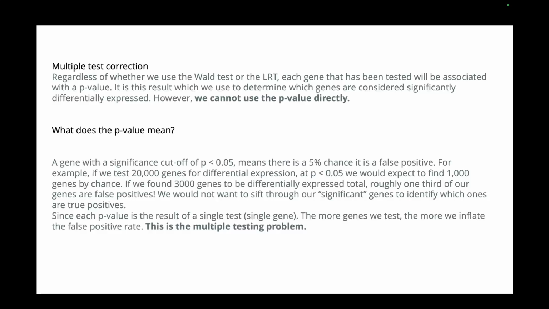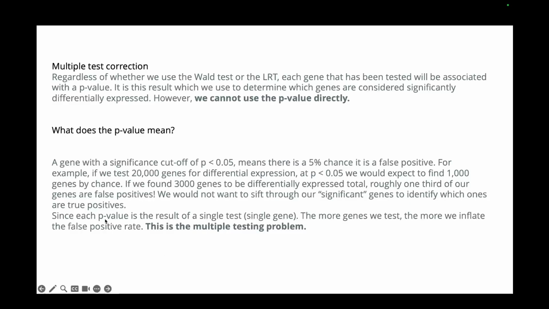Why is that? Because for each p-value that is generated, you are testing the gene multiple times. For multiple tests you are getting one p-value, but you are considering only one across all the testing you have done. You need to correct for that p-value to get a better idea about whether it is actually a false positive or a true positive.